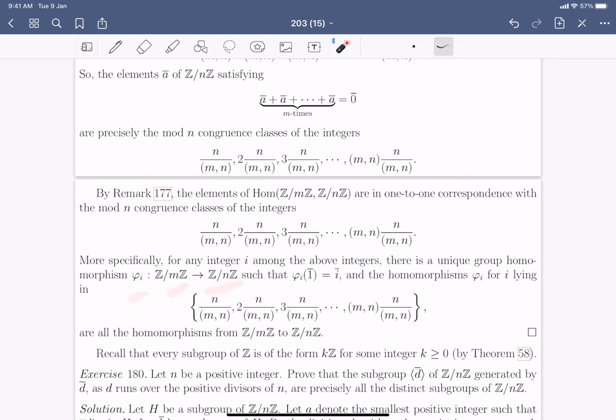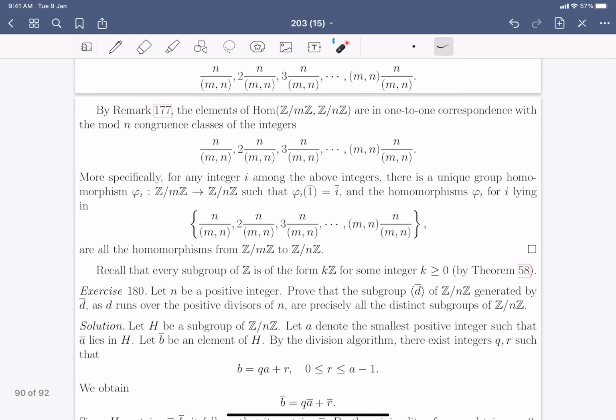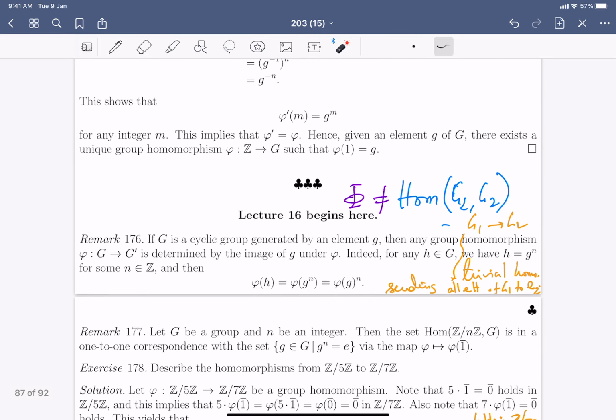And these homomorphisms are precisely all the distinct homomorphisms that one can have from Z mod mZ to Z mod nZ, where i varies in this set. Of course, once I specify the image of 1 bar under this homomorphism, then you know the images of the remaining elements by this remark, because any other element of this group G, where G is Z mod mZ, is generated by 1 bar.